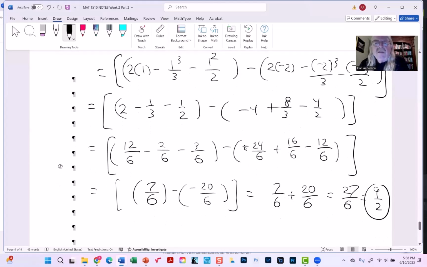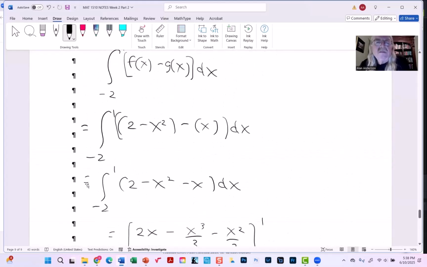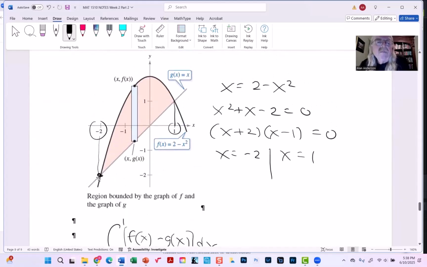Okay. So yeah, that was a lot of work. Well, it wasn't that much work, but we have to be so careful. There's so many opportunities to make mistakes here. But the area is 9/2 between the 2 points where the curves cross, -2 and +1.